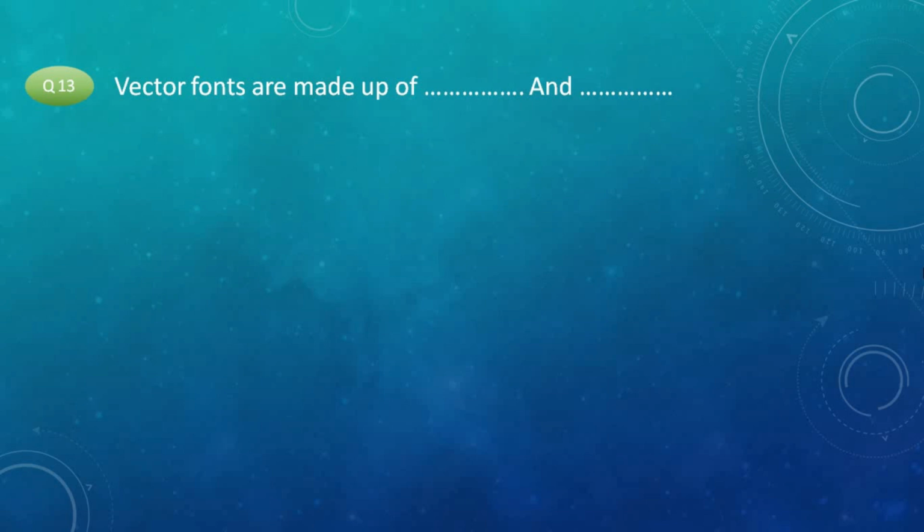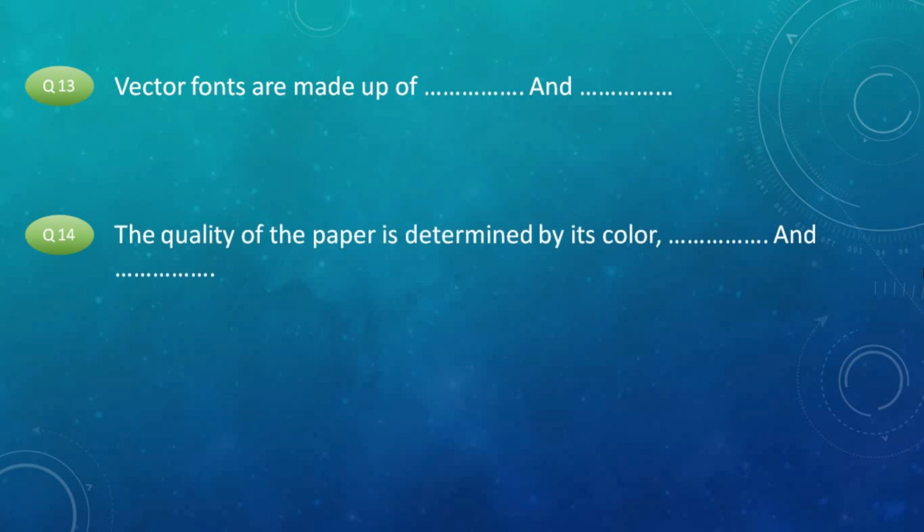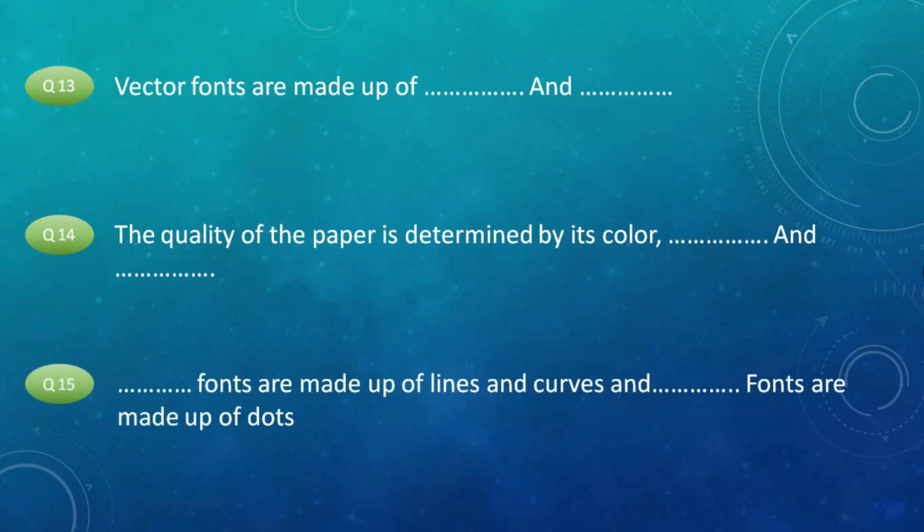Vector fonts are made up of dash and dash. The quality of paper is determined by its color, dash and dash. Dash fonts are made up of lines and curves, and dash fonts are made up of dots. Vector fonts are made up of lines and curves.